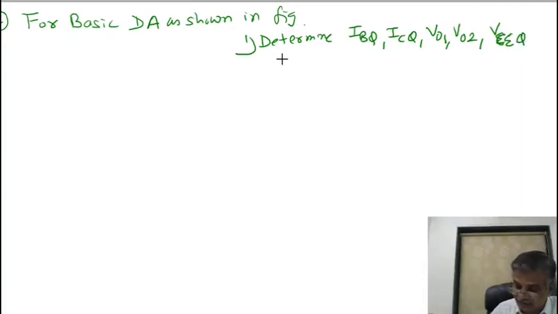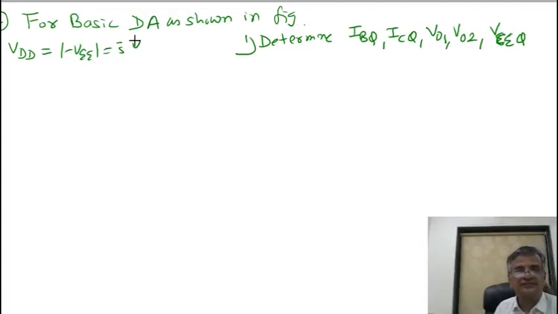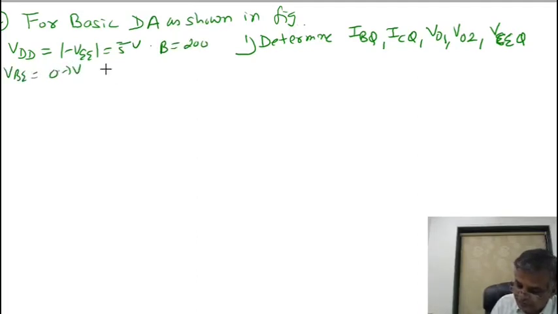Here, remember they have given VCC is equal to minus VEE is equal to 5 volt, beta is 200, VBE is 0.7 volt, RC is equal to 2 kilo ohm, RE is equal to 4.3 kilo ohm.